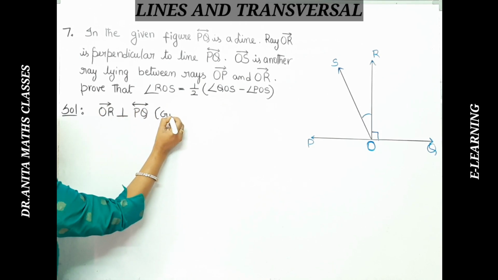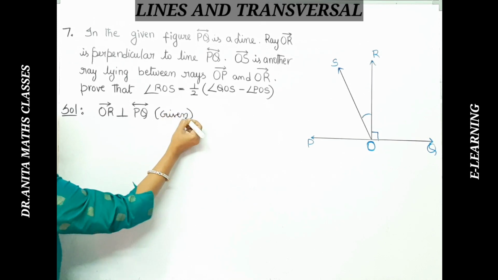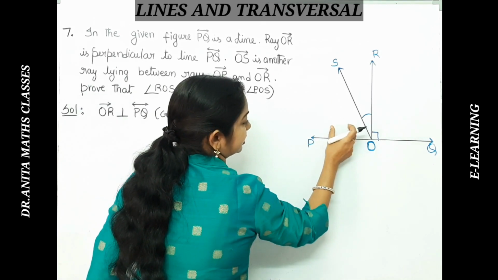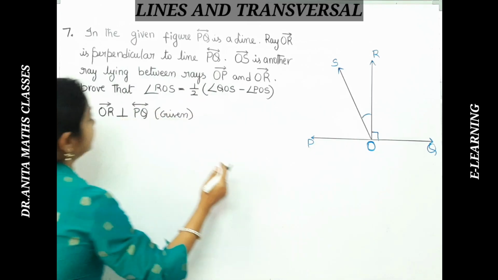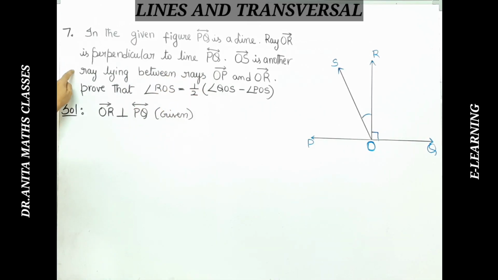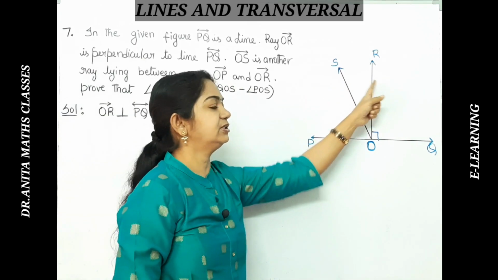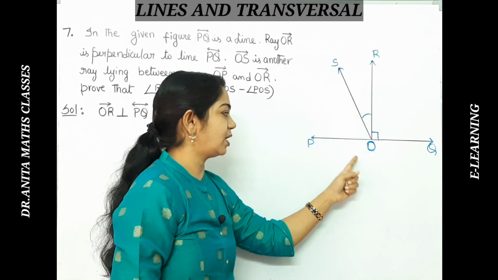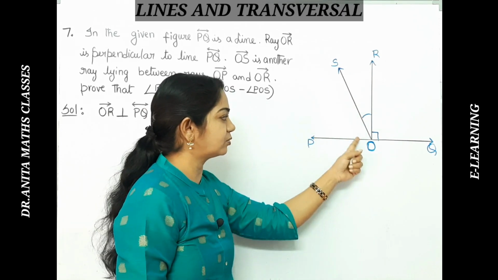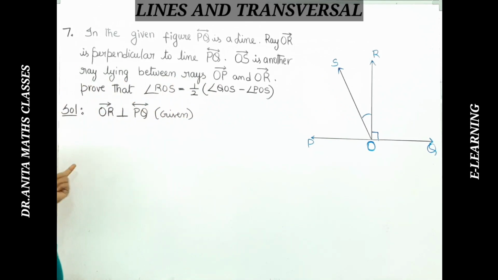This is given, isn't it? If it is perpendicular, these two angles are 90 degrees. And OS is another ray lying between these two rays, OR and OP.